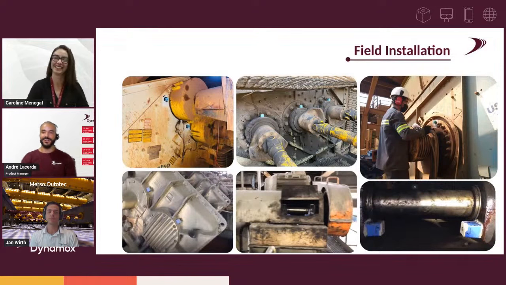This correlates a lot with what Jan was saying. That's an advantage of our monitoring system. We can install these loggers in closed, inaccessible spaces, which are not accessible during the operation of the screen. This is a very good example where we install the sensors on the bearing housings inside a closed space.